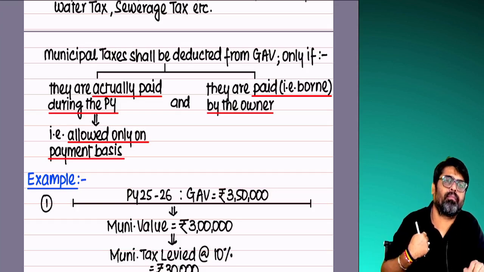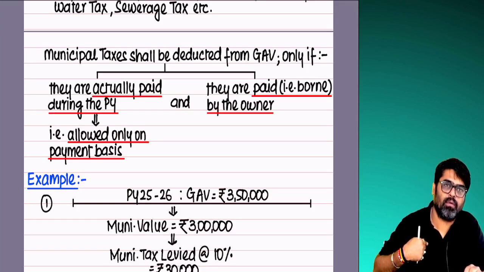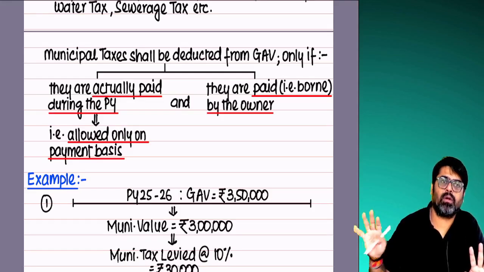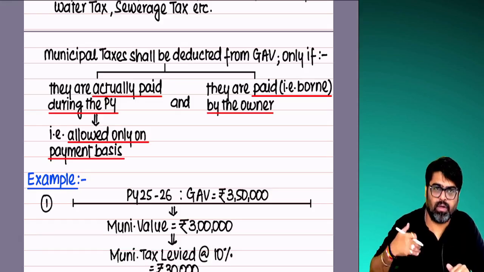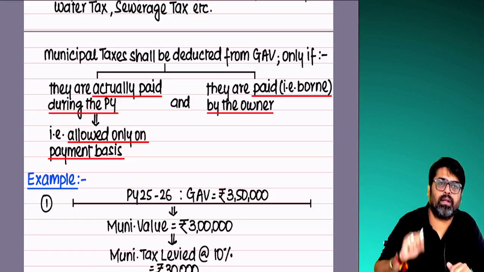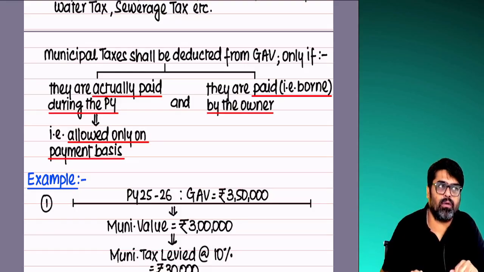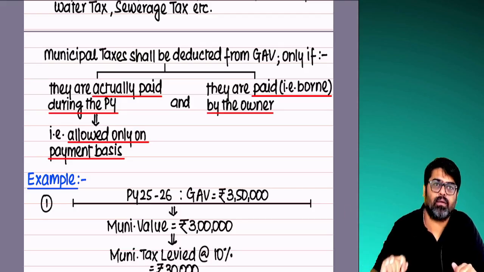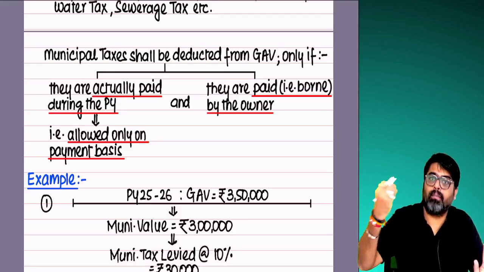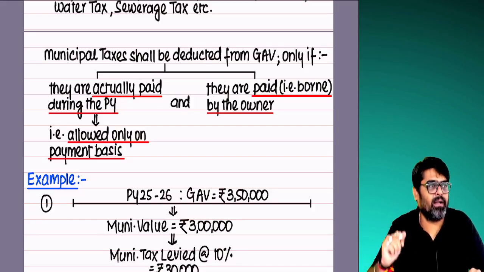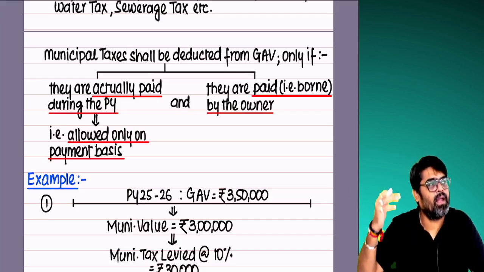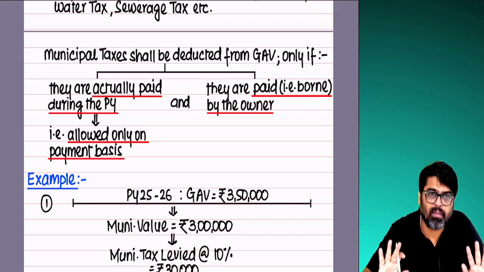Paid by the owner, not recovered from the tenant: allowed or disallowed? Allowed, very good. Paid by the owner, but later on recovered from the tenant: allowed or not allowed? Very good. Paid by the tenant and not reimbursed by the owner: not allowed. Yes or no? Paid by the tenant and reimbursed by the owner: allowed. Will you remember? Hello.